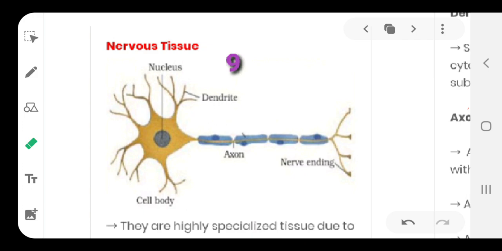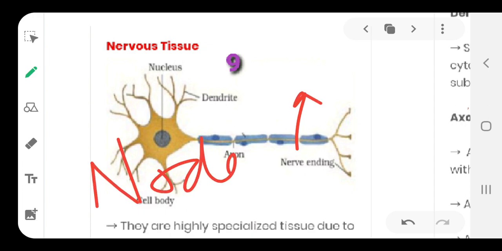And then you can see they have a layer over it. So write down the word myelin sheath, and you can see there is a gap between them. So write these gaps as nodes of Ranvier.